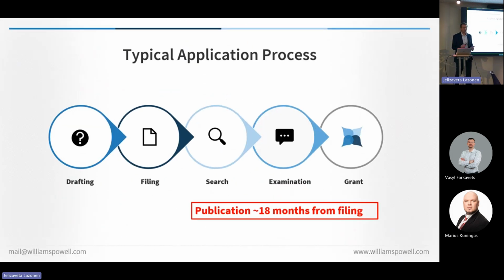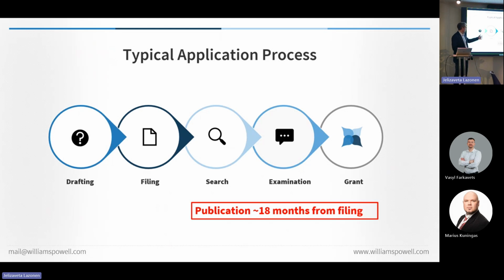Anyone who's been through this process before might be familiar, but this is what a typical patent application process looks like. We'll start with the drafting stage. That's where you might be working with your patent attorney to identify exactly what the invention is and put together the patent specification, all of the technical information relating to the invention.